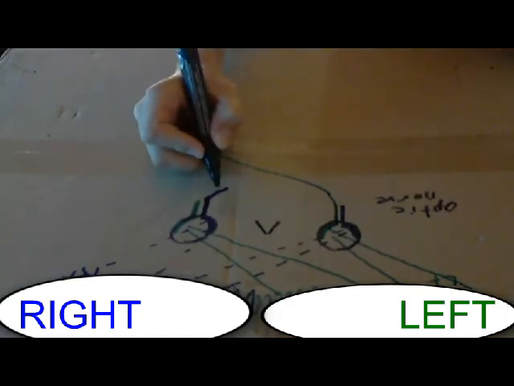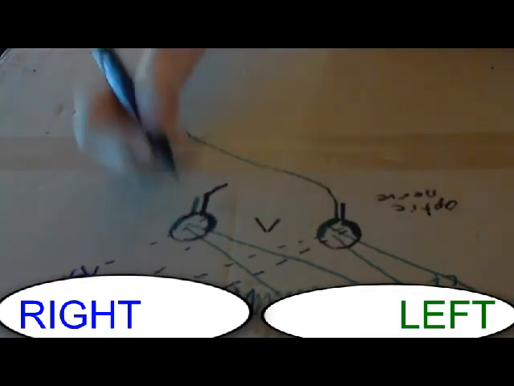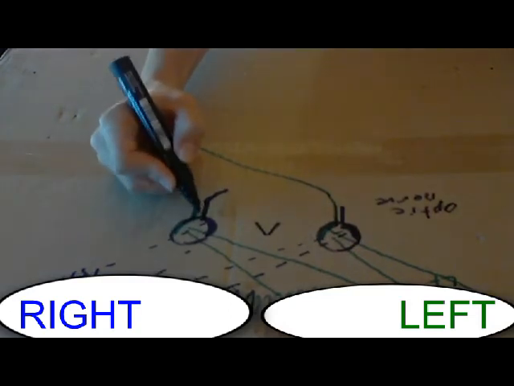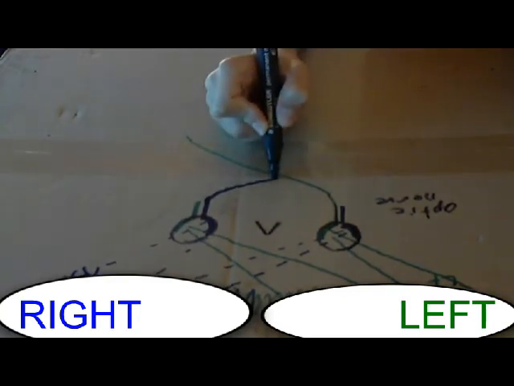And the opposite happens with your right eye. The nasal part of the retina of your right eye receives light from the right side of your visual world. Now the nasal part of your right eye is on the left side of your right eye. Hits there, goes into nasal fibers of your optic nerve, and that in turn crosses over.